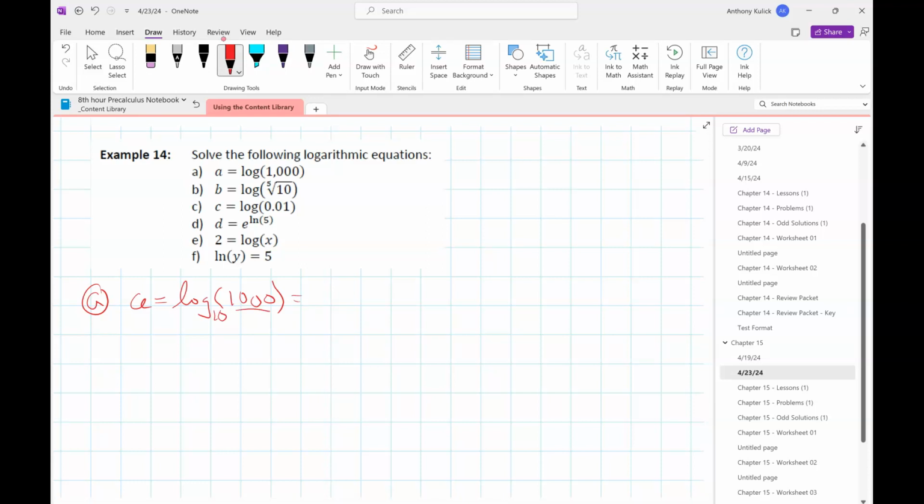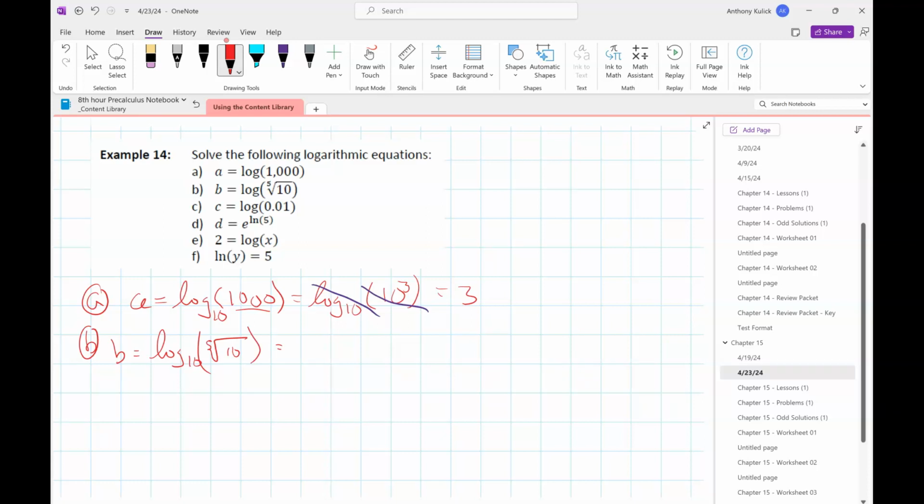So I'm going to try to rewrite 1,000 as a base 10 number. 1,000 is 10 to what power? Third, right? Log base 10 cancels exponent base 10. So that should just be 3. Still kind of the same thing that we were doing before, but we're just using a little bit different notation to express it. I think the notation we're using here makes everything a little bit more intuitive.